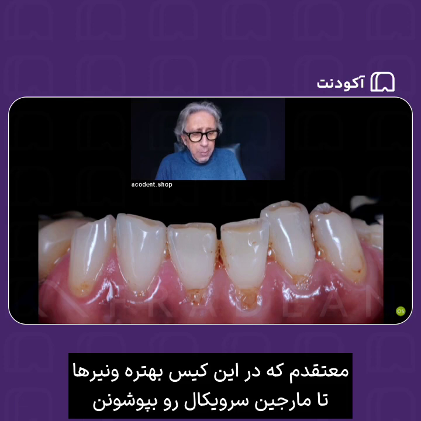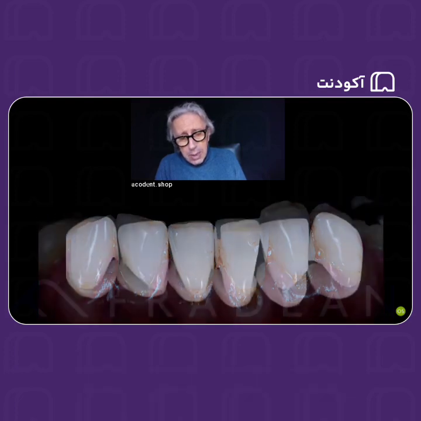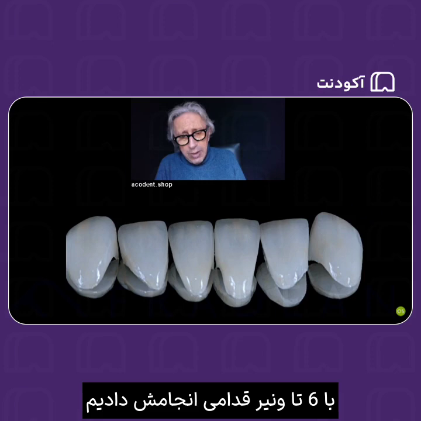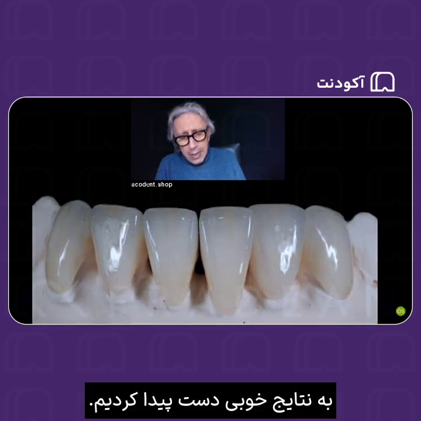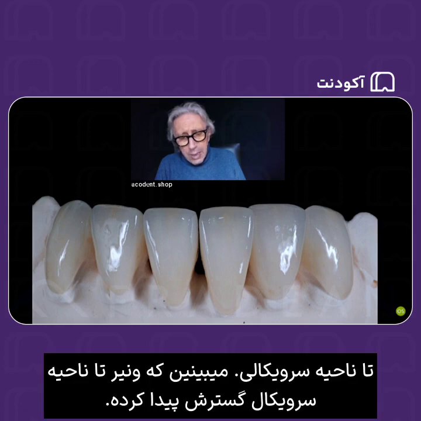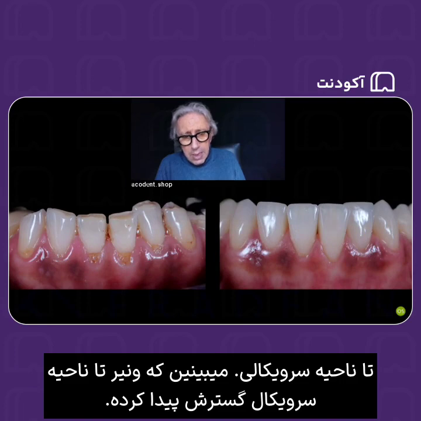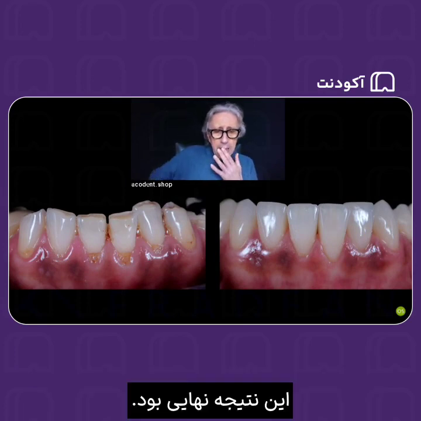I believe it is important in this case to extend your veneer up to the cervical margin. We did it with the 6 anterior veneers, and we obtained a nice result comprehending all the cervical area, as you can see, extended up to the cervical area. And that was the final outcome.